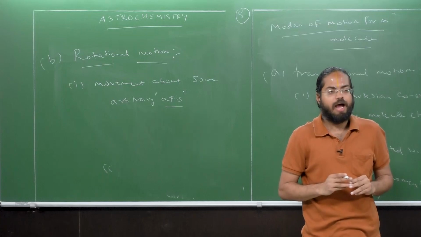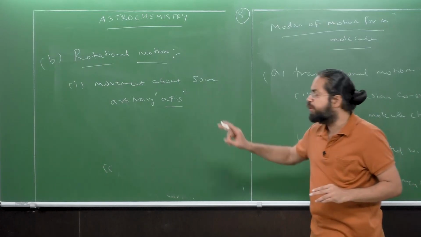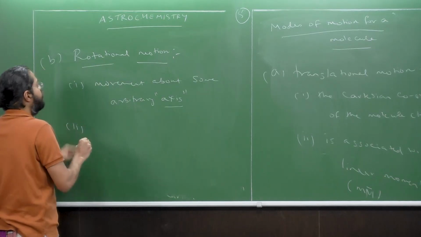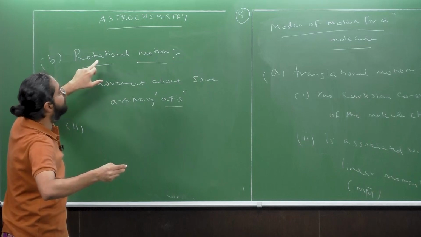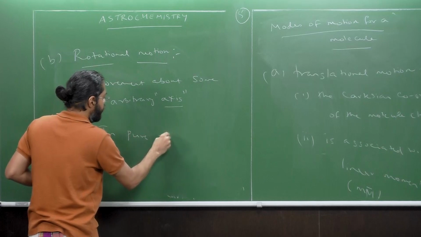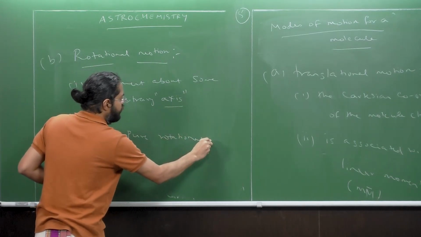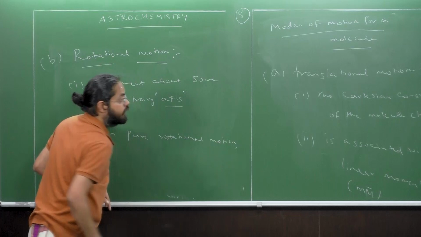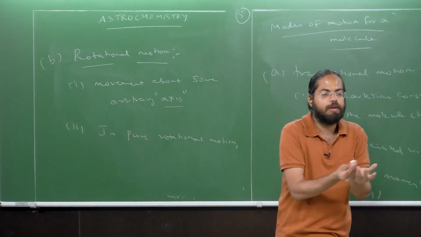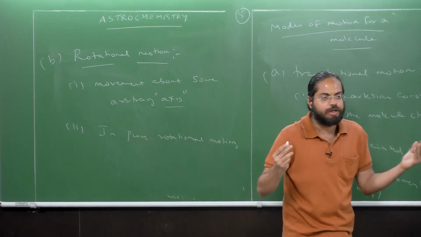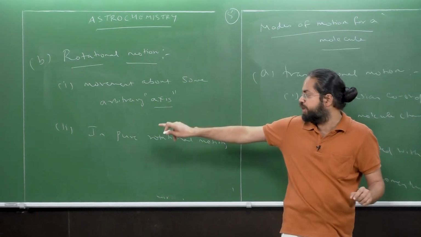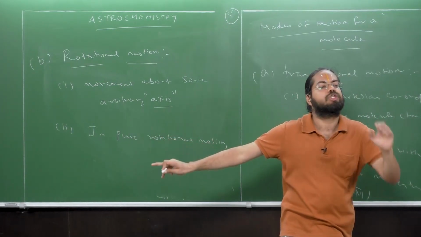A key point to note is that when it is rotational motion alone that's happening, in pure rotational motion, the Cartesian coordinates of any molecule do not change. It should not. When I rotate, my Cartesian coordinates did not change. If I'm only talking about rotational motion, the Cartesian coordinates should not change.